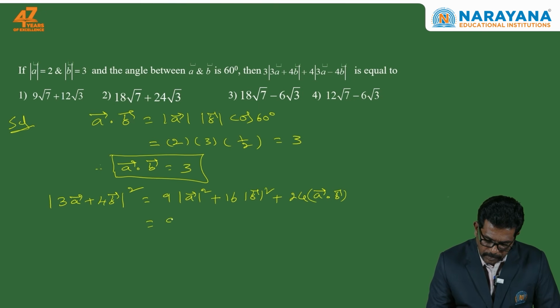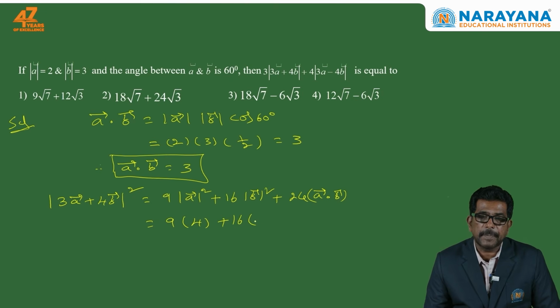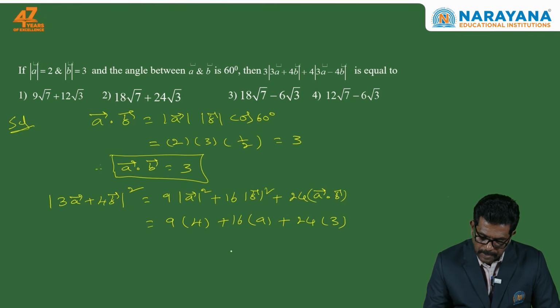Now this is equal to 9 times mod a bar square, which is 4, plus 16 times mod b bar square, which is 9, plus 24 into a bar dot b bar, which is 3.